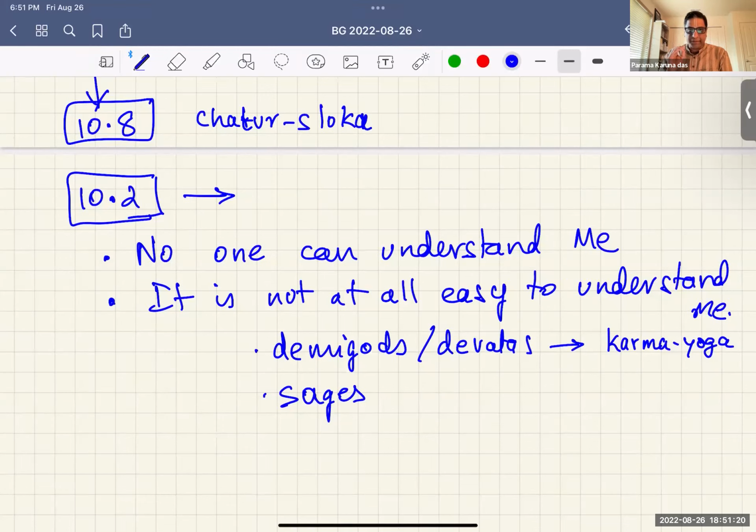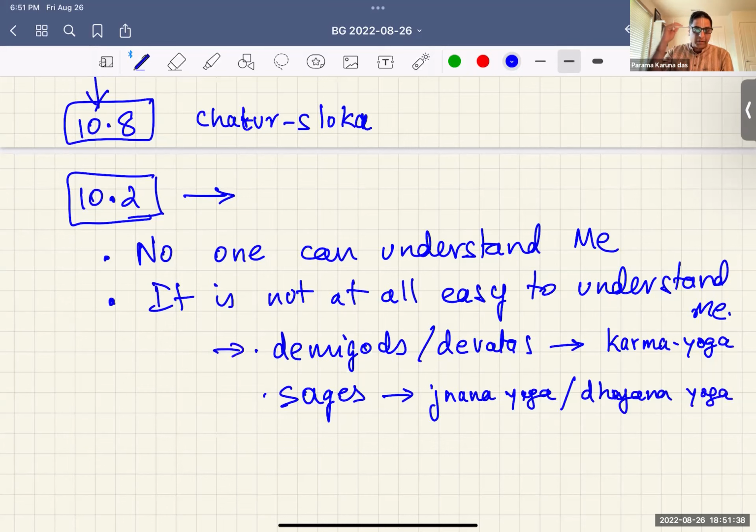The true essence of Krishna is not possible to understand by the demigods who have performed very intense karma yoga, or the sages who have performed jnana yoga or dhyana yoga. The demigods live in the Svargaloka planets, and the sages live in the further upper planets, Maharloka, Tapaloka, Janaloka, and so on.